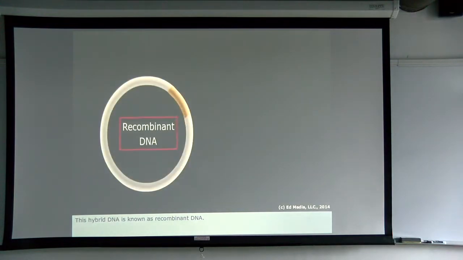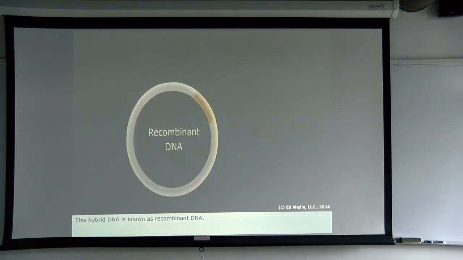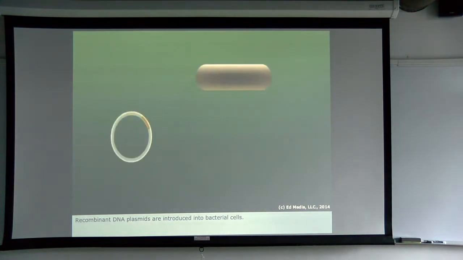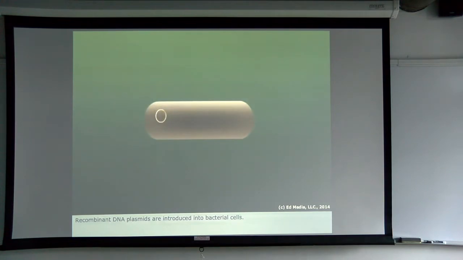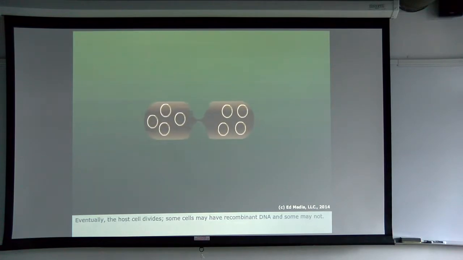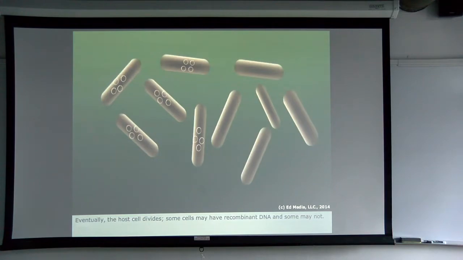This hybrid DNA is known as recombinant DNA. Recombinant DNA plasmids are introduced into bacterial cells. Once they are in the host cells, the plasmids are able to replicate. Eventually, the host cell divides. Some cells may have recombinant DNA and some may not.